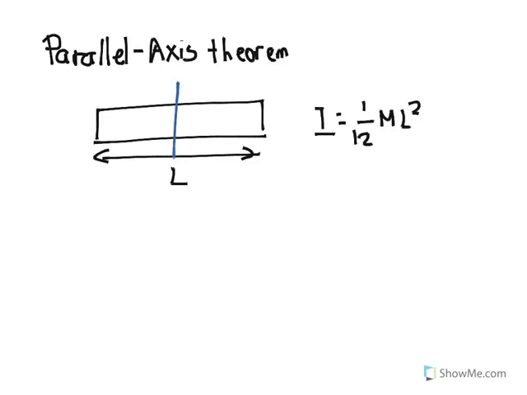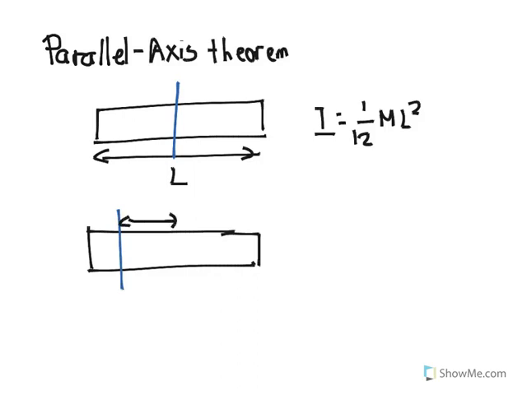But not all bars rotate at the center of mass. It might actually happen that it is rotating, let's suppose, 1/3 of L from the center of mass. So this is the location of the center of mass, and it's rotating 1/3 of L away.